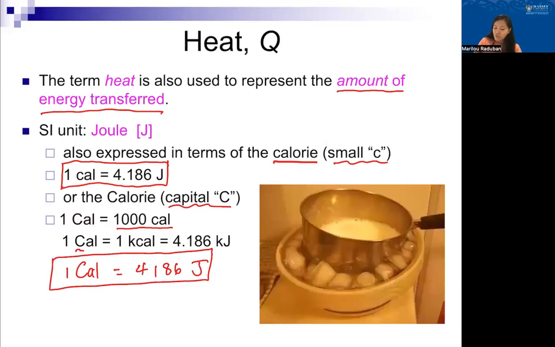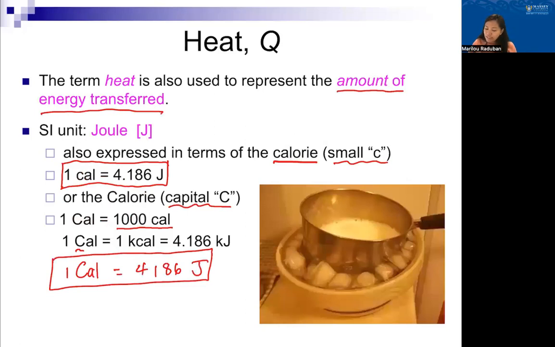Okay, so those are the conversion factors between the standard way we measure heat in calories and the SI unit for heat, which is the joules.